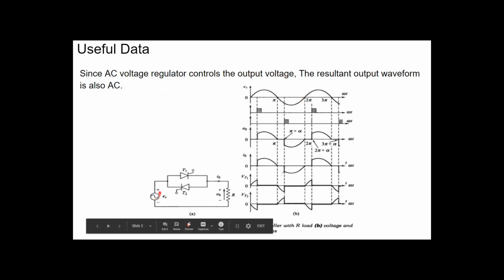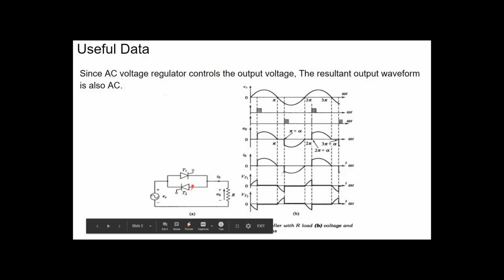When the supply voltage is positive, thyristor T1 is forward biased and T2 is reverse biased. So the load current direction should be like this, given that the thyristor T1 is triggered. If we give a triggering pulse to thyristor T1, it will start conducting, so the load voltage follows the source voltage and the load current follows the source current.